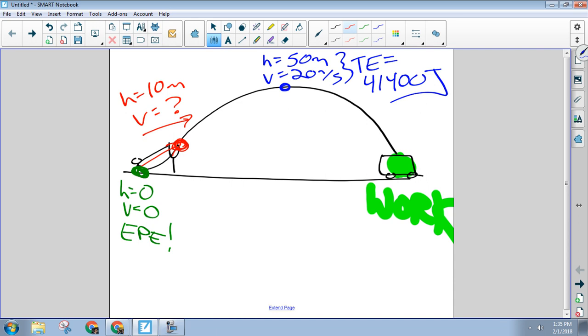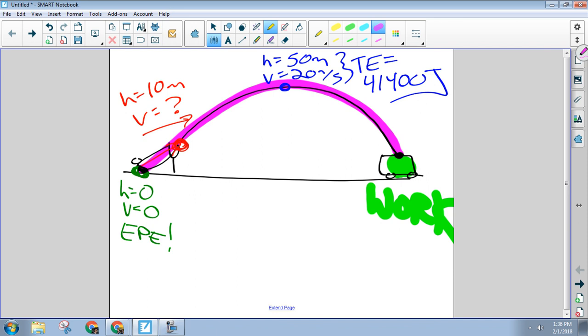And I think what happened is a lot of people fixated on these 2 points, the green and the red. But the problem is if you fixate on the green and the red points, we have 2 unknowns. We don't know the velocity at the red or the EPE at the green. But what should be true about the total energy everywhere except for over there in the yellow? It doesn't change. So that means that throughout all of the pink, the total energy is constant.